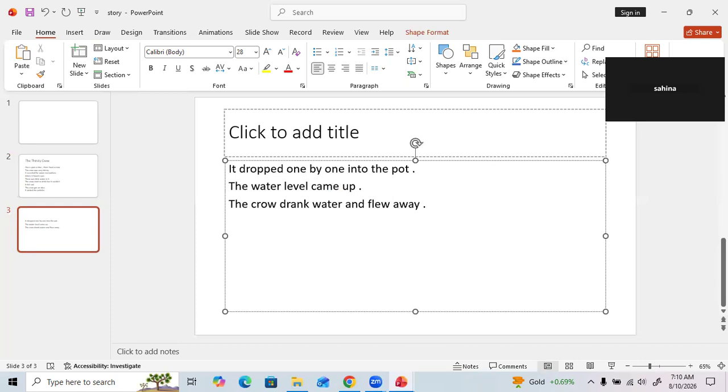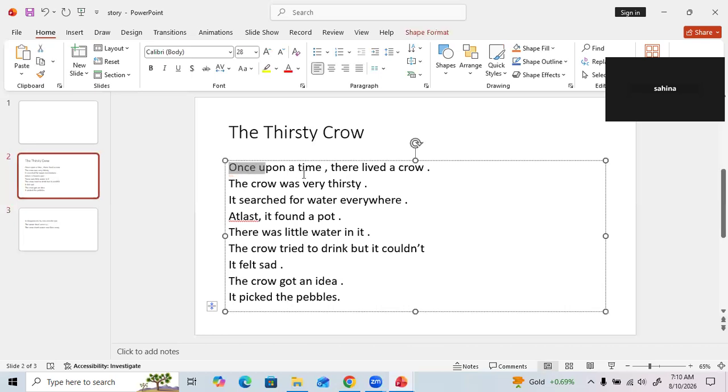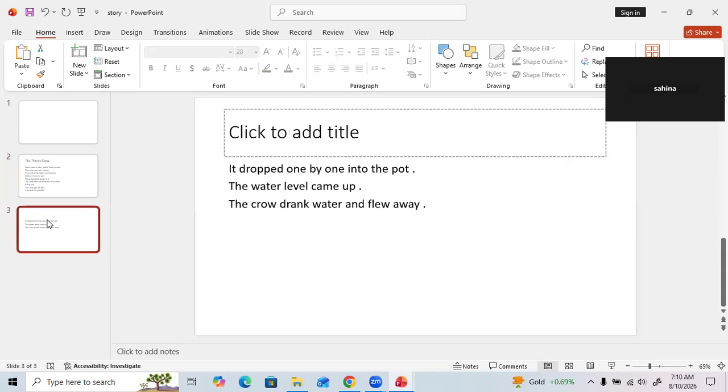So always what you have to do is just watch the story and then follow the same concept of subject, verb, and object. In the same way, you can watch other stories.